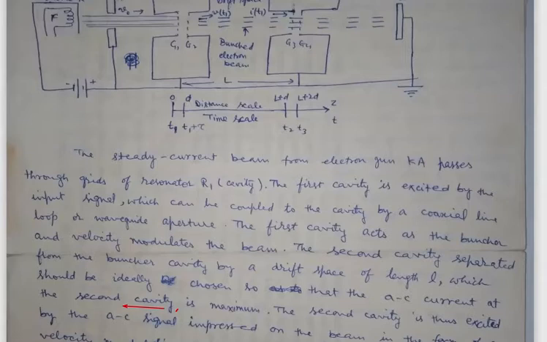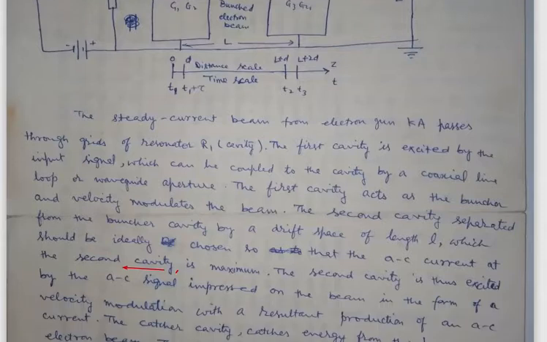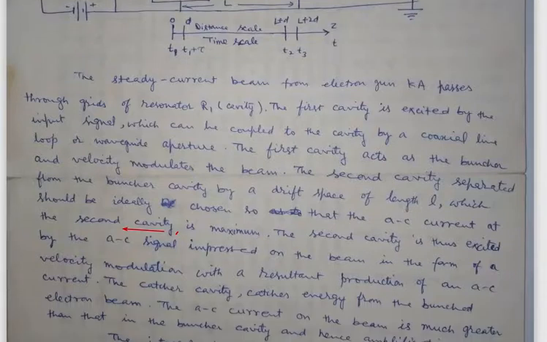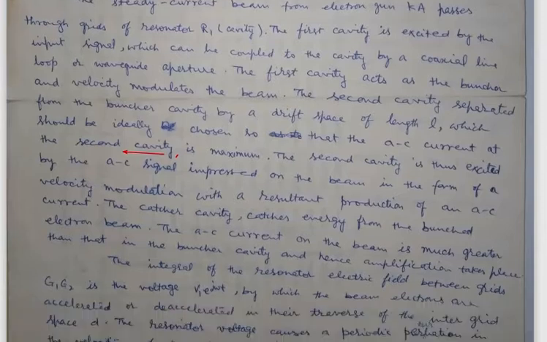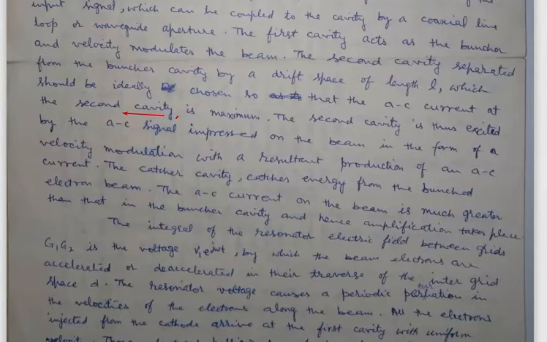The second cavity is thus excited by the AC signal impressed on the beam in the form of a velocity modulation, with a resultant production of AC current. The catcher cavity catches energy from the bunched electron beam. The AC current on the beam is much greater than that in the buncher cavity, and hence we can say that amplification takes place.